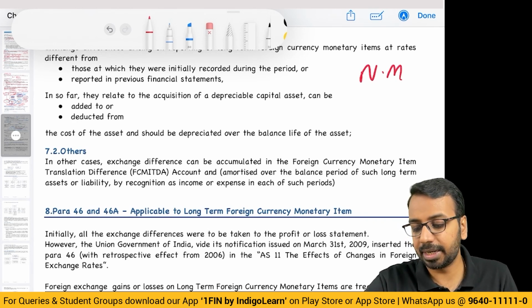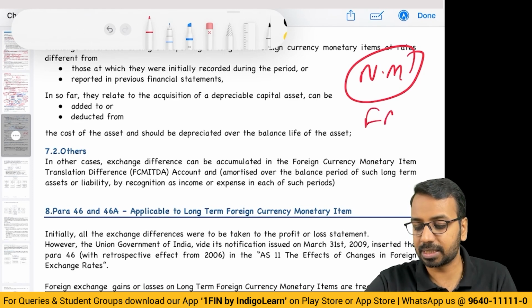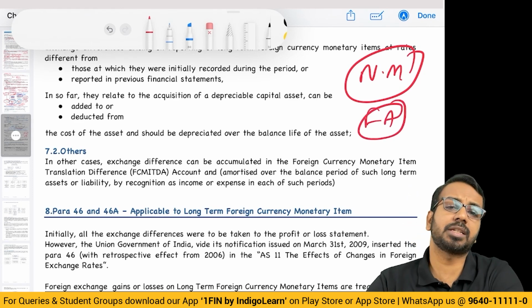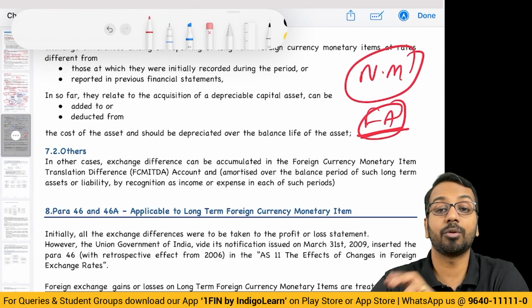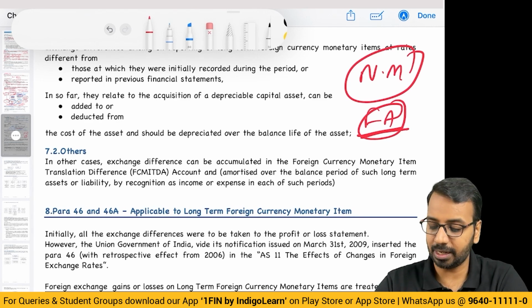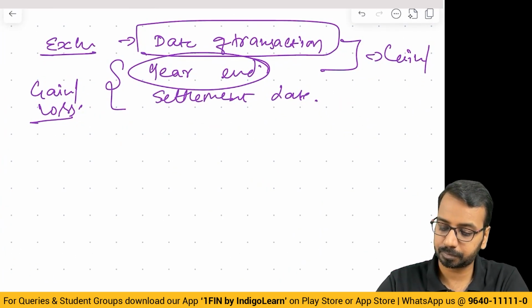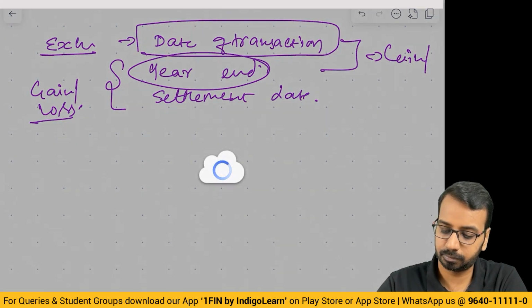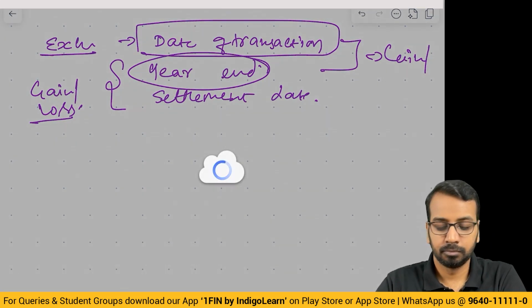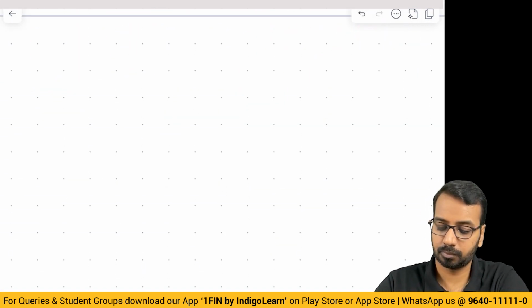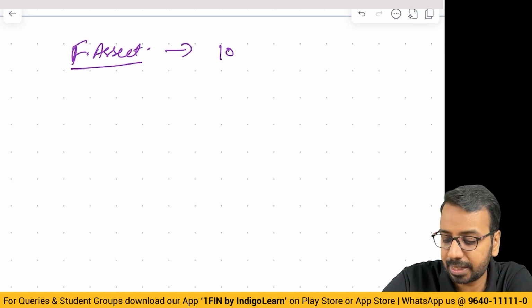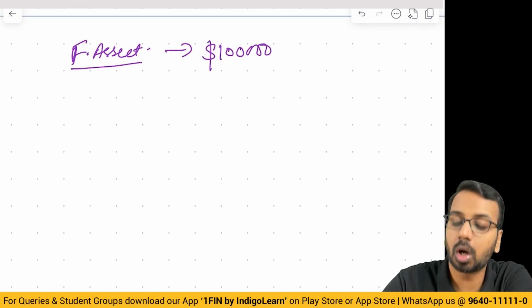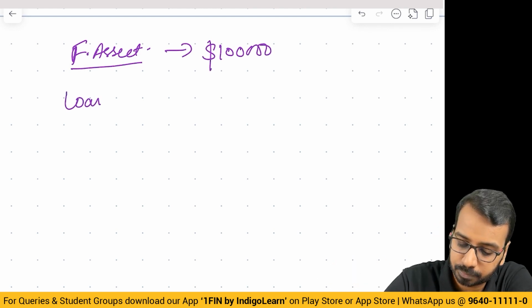See, non-monetary items, if I am purchasing, for example, a fixed asset, I am not required to remeasure it. So please understand. If I am purchasing a fixed asset, I paid $10,000 or I didn't pay, I took a loan.